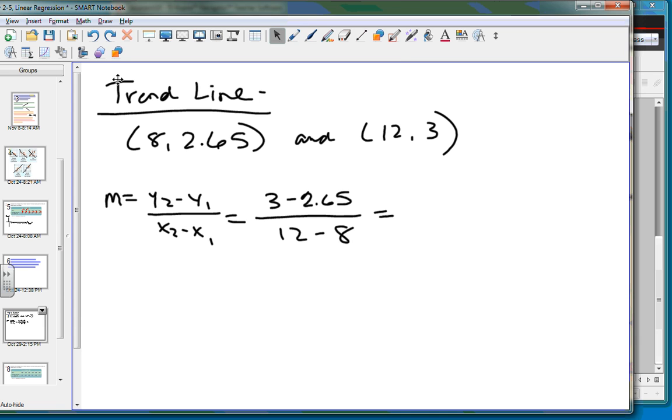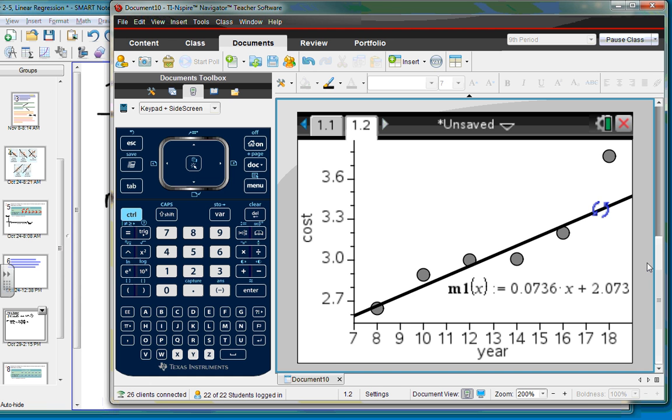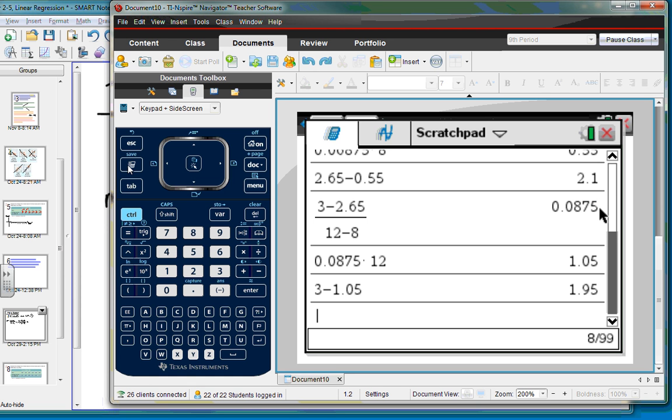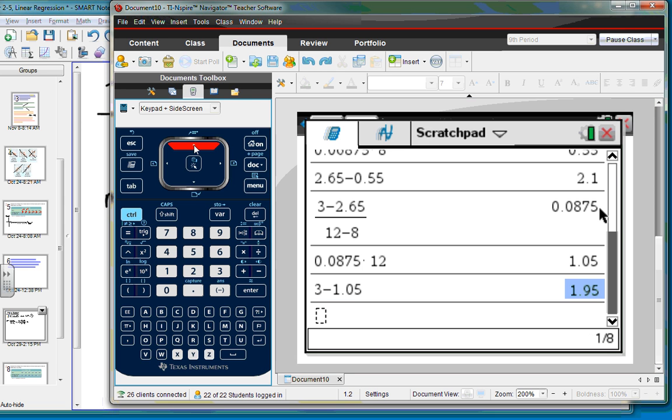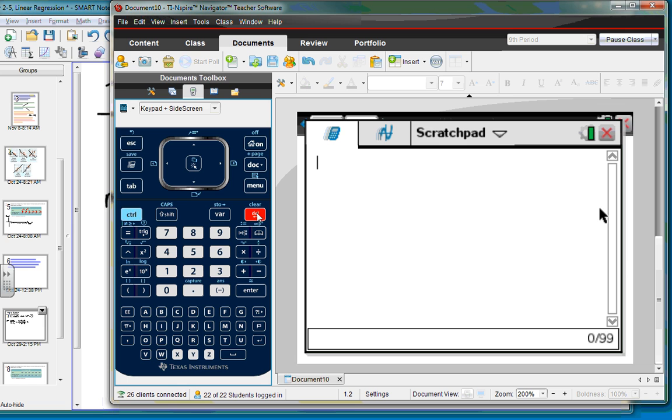Now, you can use your graphing calculators on this, and you can simply hit your calculator key up here, your scratch pad, hit Control, Division key, and type in 3 minus 2.65, arrow down, 12 minus 8, and hit Enter.